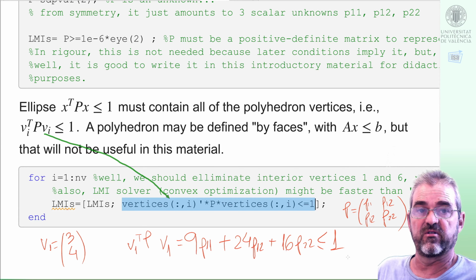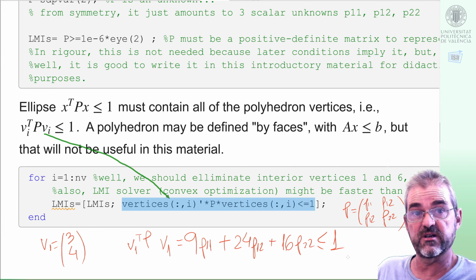But okay, for simplicity in the code, I didn't use any convex hull modification in here, because in fact, as linear matrix inequalities are very computationally efficient, convex programming, maybe just putting all vertices and doing LMIs might render faster than computing convex hull stuff.